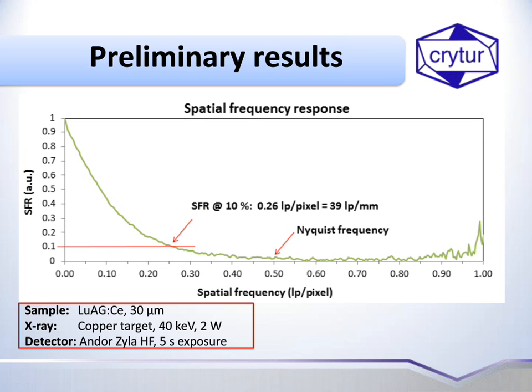So you can compare the spatial frequency we obtained to the Nyquist frequency, which would be the sampling frequency of the detector. So it's 39 line pairs per millimeter.